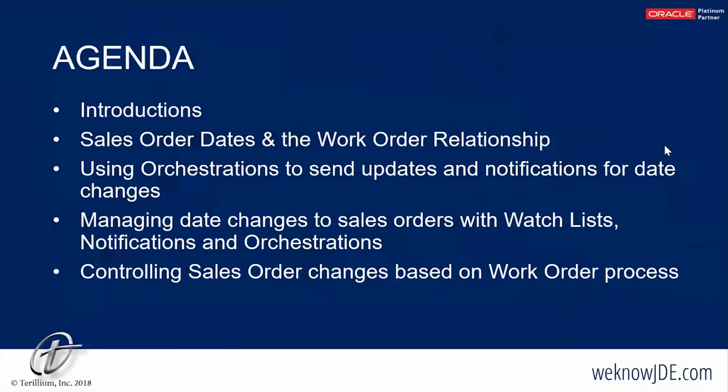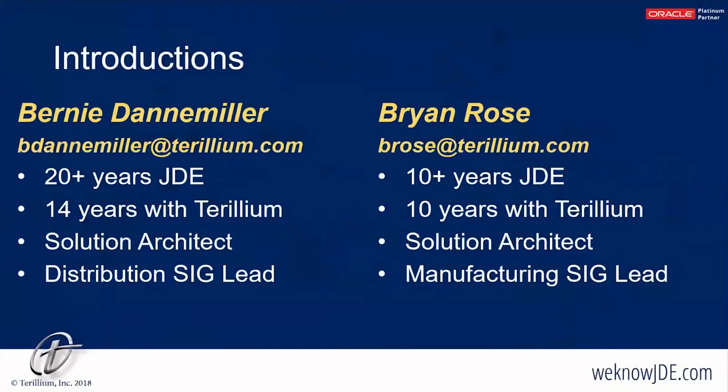And I'll talk in a minute about what some of those issues are, but also about how we can put some necessary controls in on the sales order side so that we don't actually shoot ourselves in the foot when we're trying to provide customer service and actually make things more difficult for manufacturing to produce as we need them to.